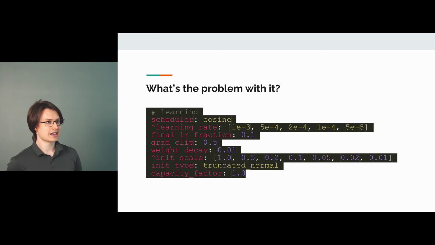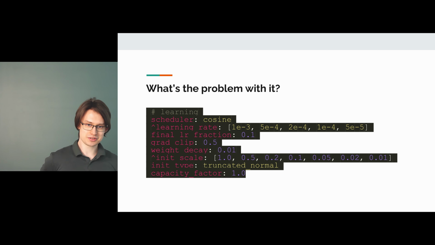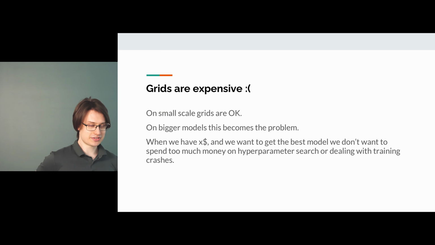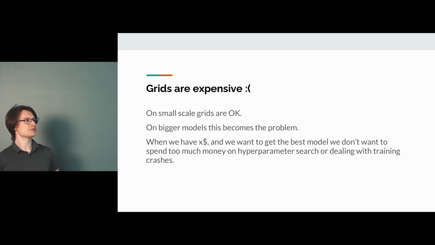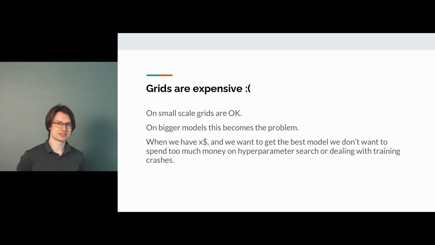And running a lot of those experiments can get very costly. If you have smaller versions of your big model, you can probably tune them, but you don't really want to tune on 2 trillion parameter models because you'll just throw a lot of money at it, and most of those trainings will either diverge or be suboptimal.